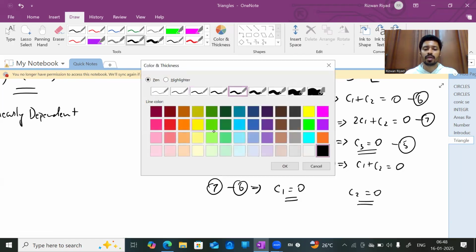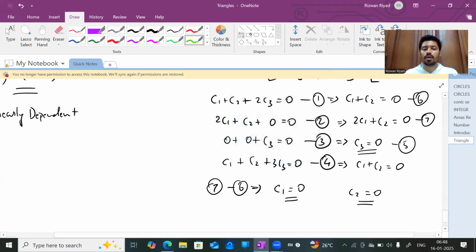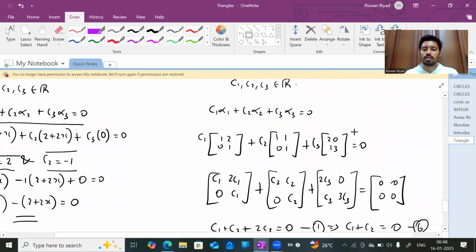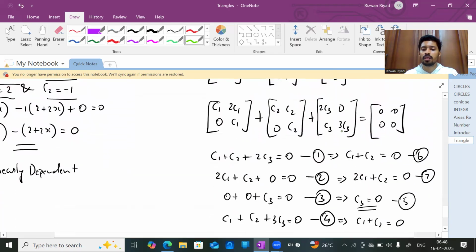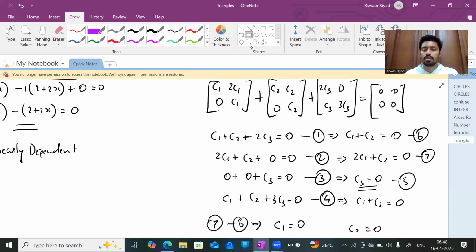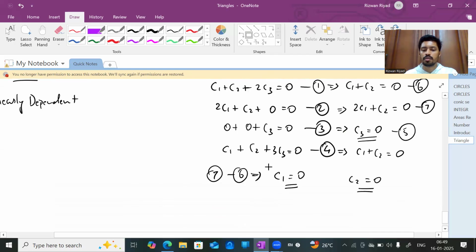Let's see what happened here. The equation C1 alpha 1 plus C2 alpha 2 plus C3 alpha 3 equal to 0 is happening only when C1 is equal to 0, C2 equal to 0, and C3 equal to 0.